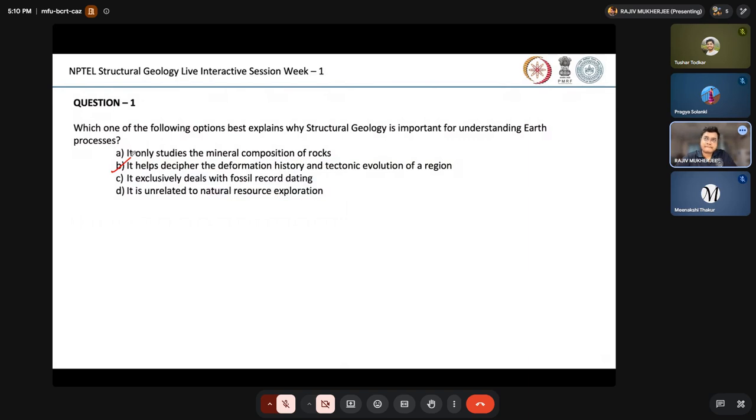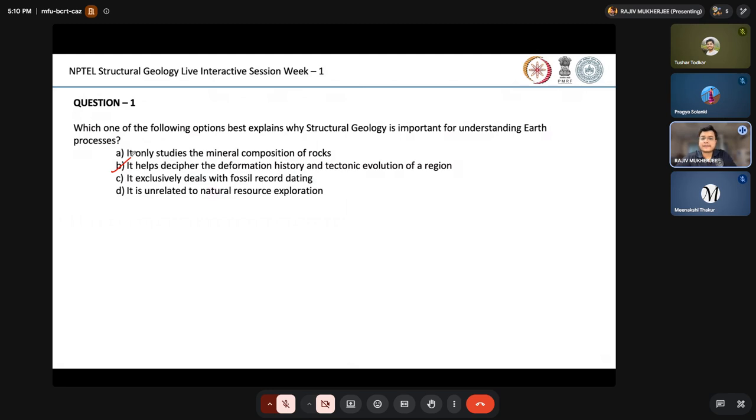And why we say that some structures are deformed and some are not, this concept basically comes from understanding the principle of uniformitarianism, which tells us that whatever has happened in the past is also happening in the present, and so observing the present can decode the past.